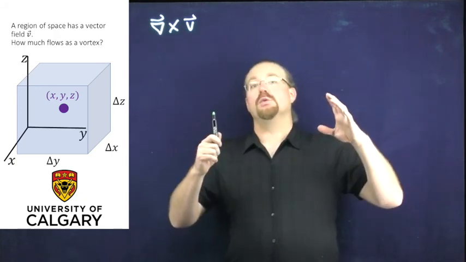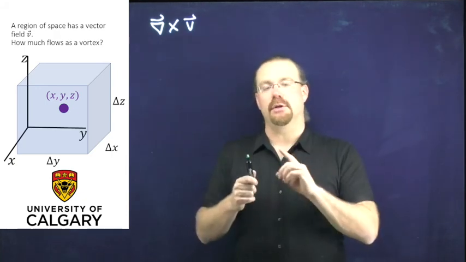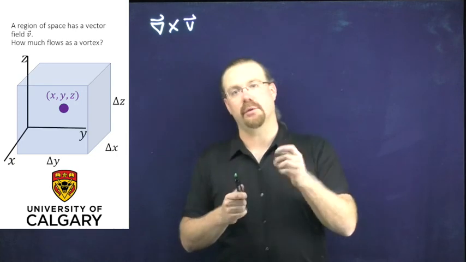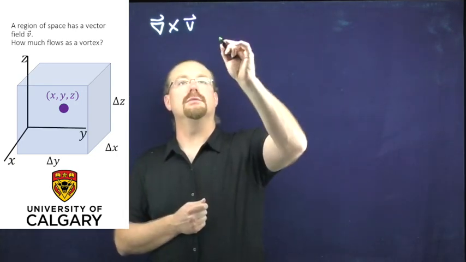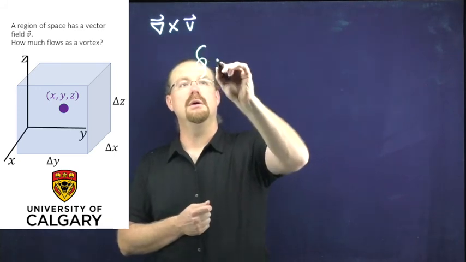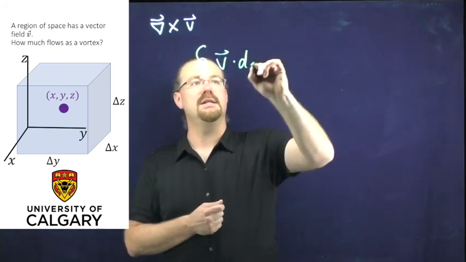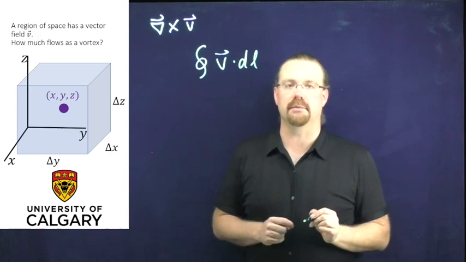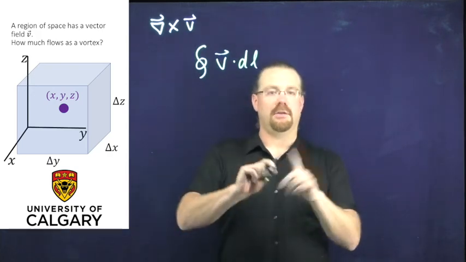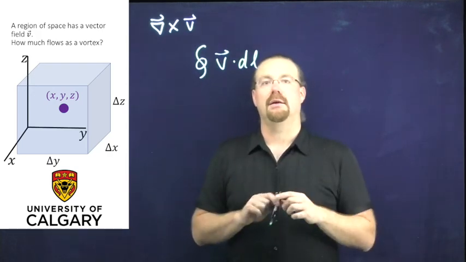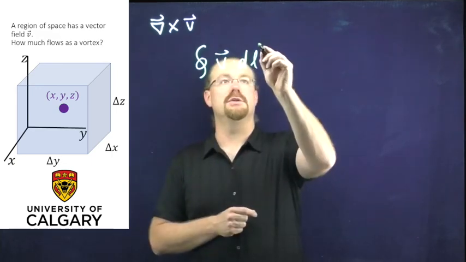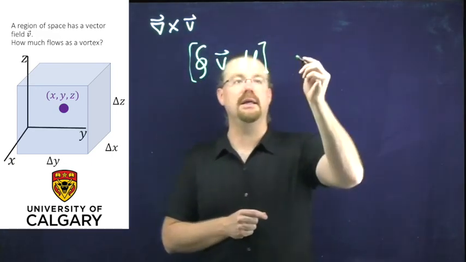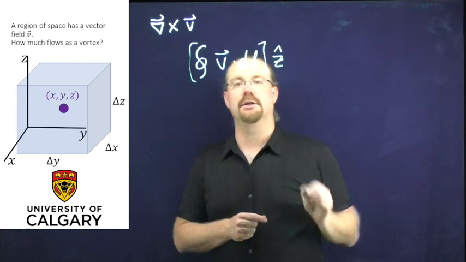Then we're going to take the circulation around each of those. The circulation is the amount that's flowing around, so it is going to be a line integral, the integral of v dot dl, along a particular path. For our first path, we go around, and that gives us the circulation in the z hat direction.